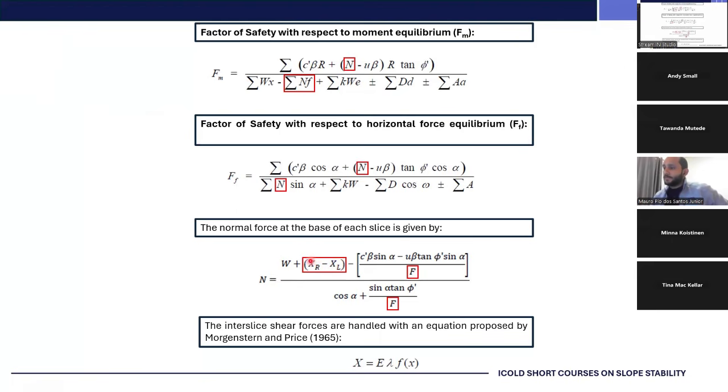And the more complex methods have assumptions to calculate the intra-slice shear force, and they all follow this very simple equation here, where we have a function, and you can use different functions for that. The intra-slice shear force and the normal shear force vary based on that function and on this lambda as well.